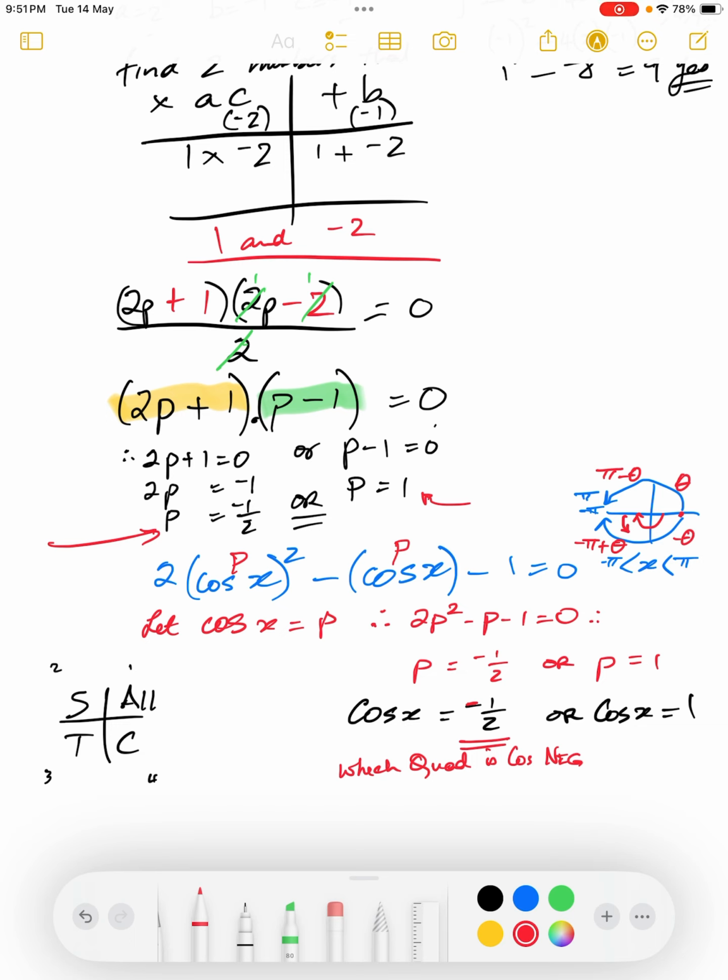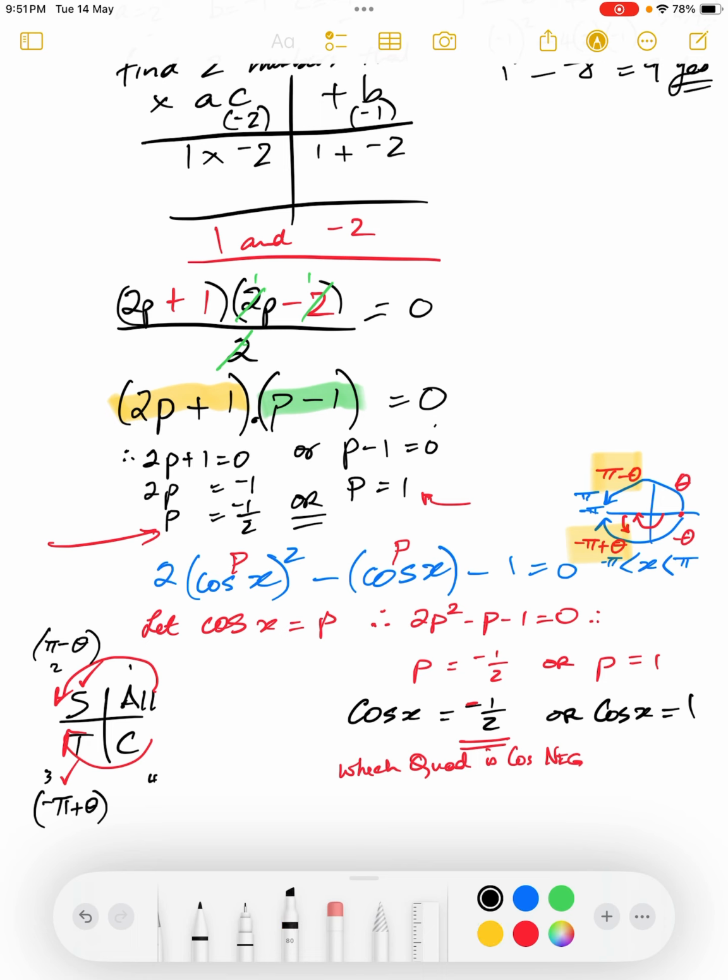We're dealing with this quadrant over here, and we're dealing with this quadrant here, because cos is positive in quadrant 1, cos is positive in quadrant 4, which means we're dealing with pi minus theta, and we're dealing with negative pi plus theta. That's the two quadrants that I mentioned before, pi minus theta and negative pi plus theta.